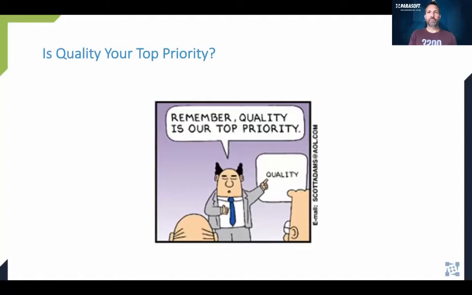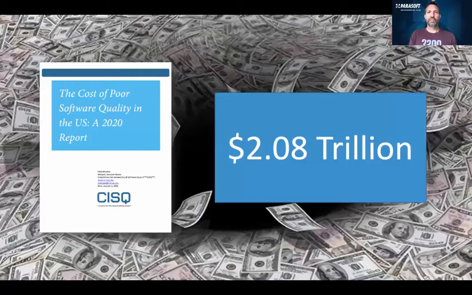Now, if you know anything about Dilbert, it probably isn't their top priority. And you'll find out why: like many companies, some other things get in the way of quality being the top priority. But here's the thing. There is a price to be paid.